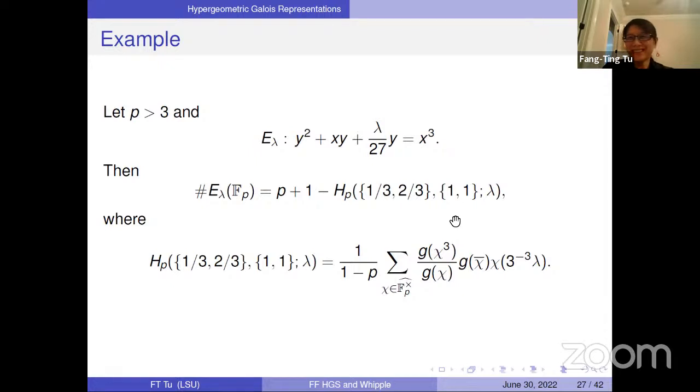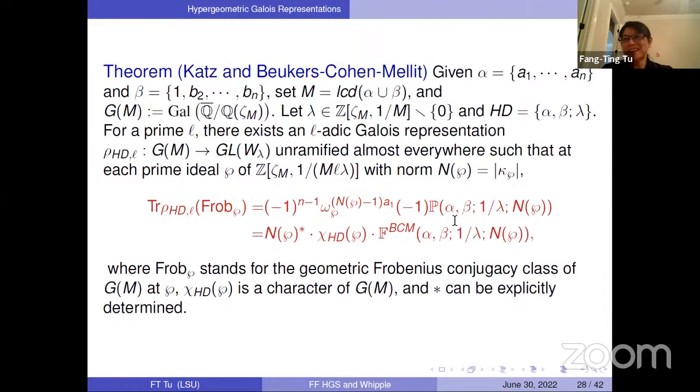Any questions? No? Okay. Galois representations. The first few lines are some setup, but the key point is that we will have a Galois representation, which can be computed using the P function, the F function. This is a result from CAT and BCN.